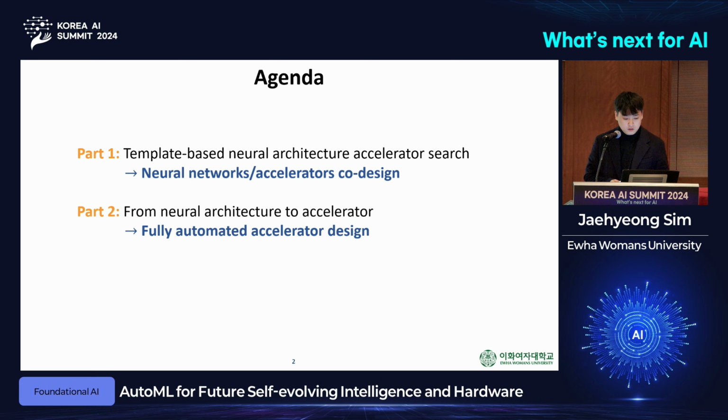So in the first part of the research, we proposed template-based neural architecture accelerator search. What we did is we designed neural networks and their corresponding accelerators at the same time, such that they are optimized for each other.